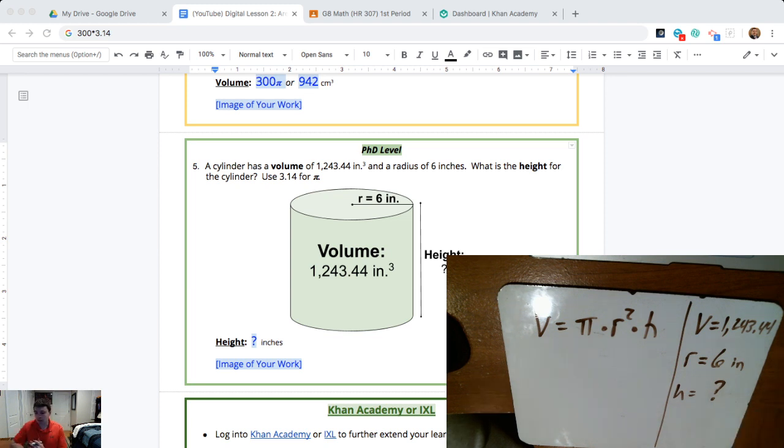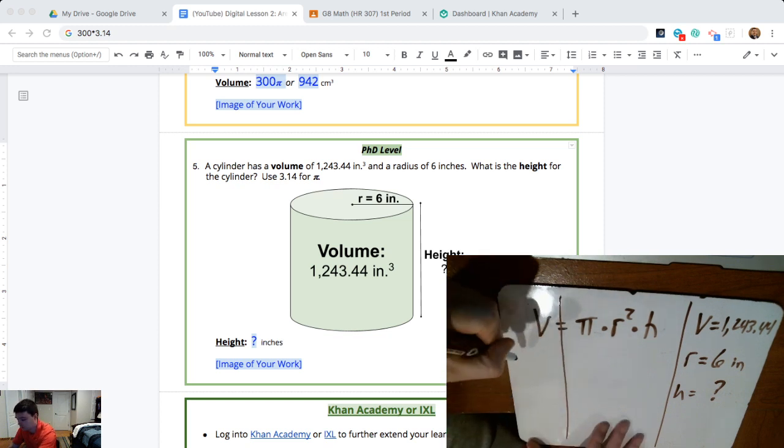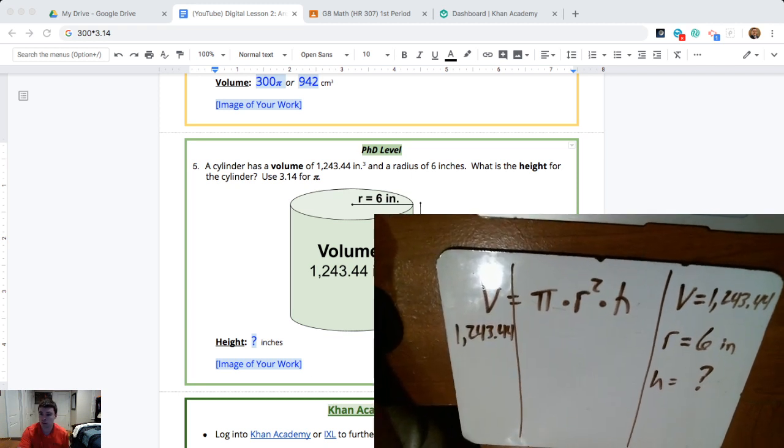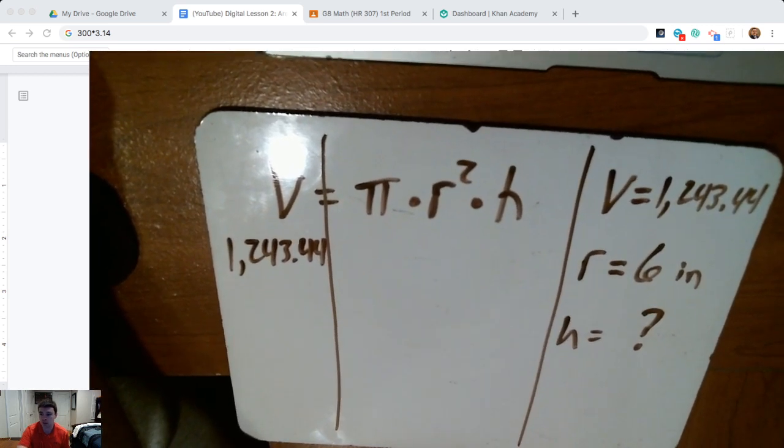So I'm going to plug those numbers into the formula. V is going to get replaced by the volume, which is 1243.44. I'm going to make the whiteboard a bit bigger so we can see this clearly. But again, the volume and the radius came from problem 5 shown to us on the shape.